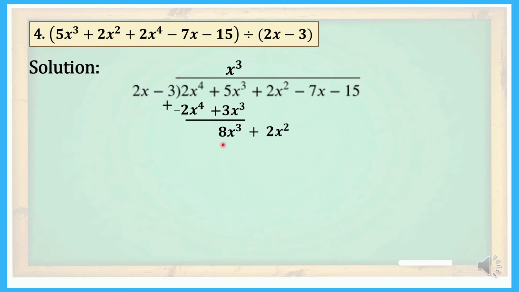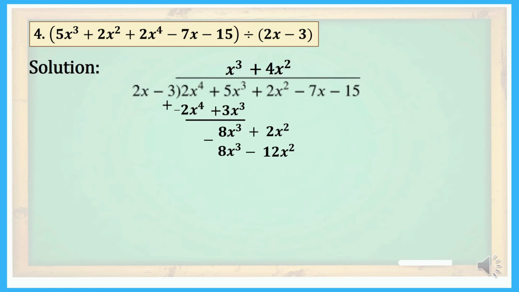So 8x cubed divided by 2x is positive 4x squared. Multiply 4x squared by our divisor: 4x squared times 2x is 8x cubed, and 4x squared times negative 3 is negative 12x squared. Then subtract.